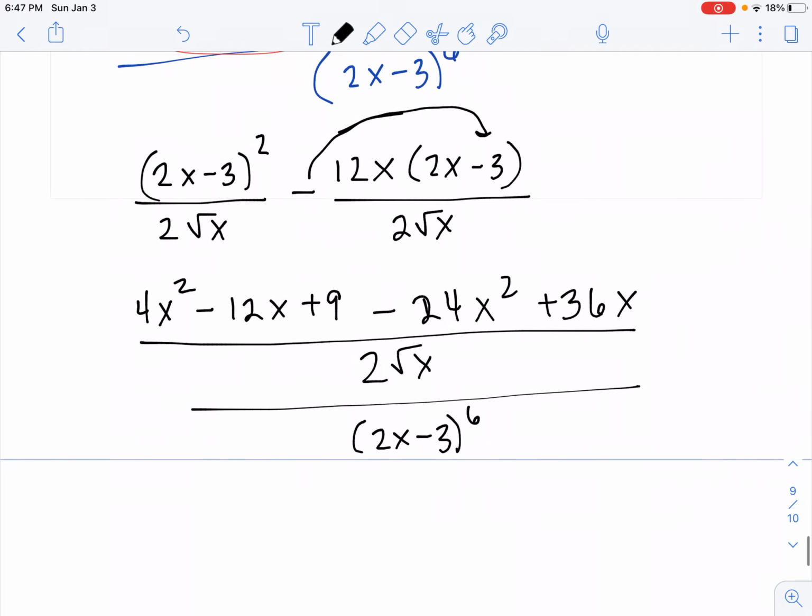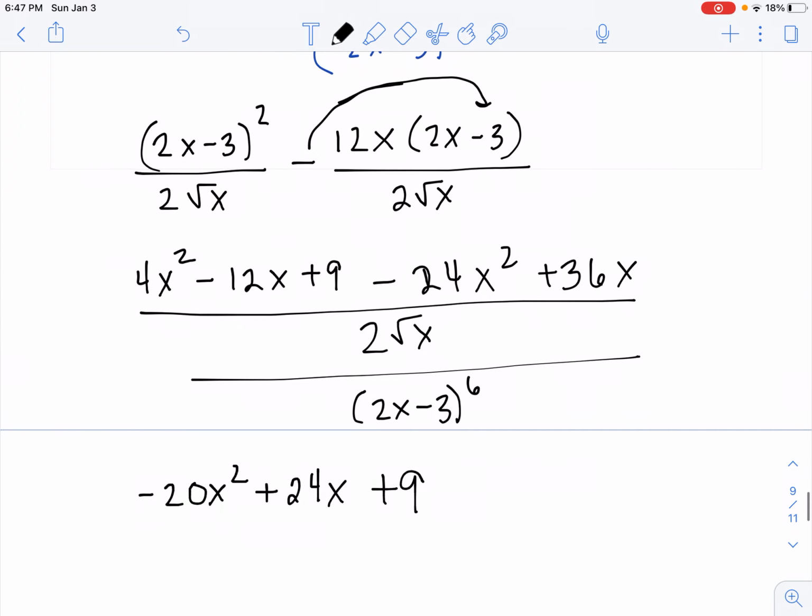And so we'll combine like terms. And then this is over 1. And so when you divide fractions, you multiply by the reciprocal.